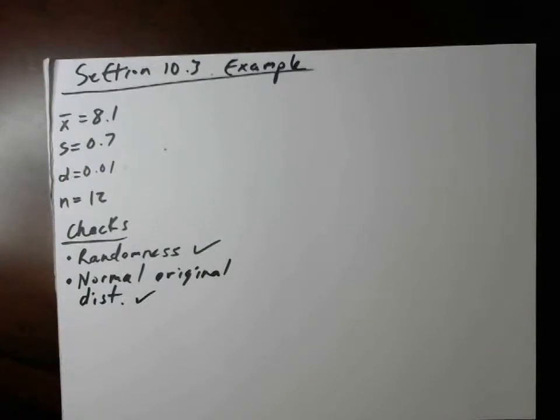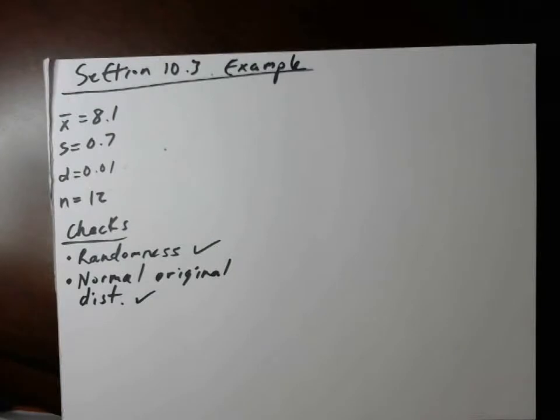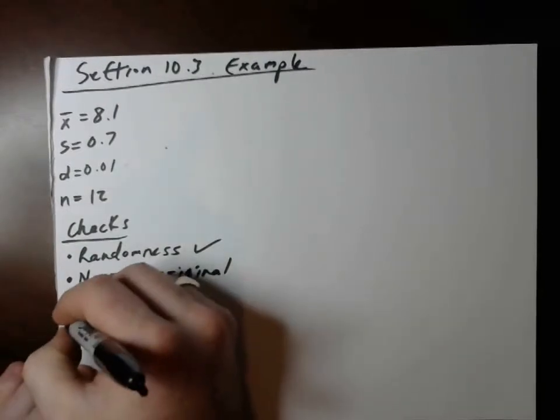We found out that our sample data is normal, so we can assume that our population is normal if our sample is normal. Okay? So our original distribution is normal, so we have a large enough sample size. We actually don't even have to check the sample size because we know we were dealing with a normal distribution, not a non-normal distribution. So we're done with that.